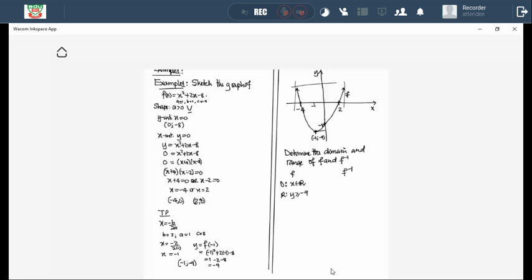So the domain and the range of the inverse this time is going to be: x greater or equal to -9 and y an element of all real numbers. Remember, in the previous activity, we said that which restricts the domain in f is the restriction of the range in f inverse. That which restricts the range in f is the restriction of the domain in f inverse. That's how you deduce that.